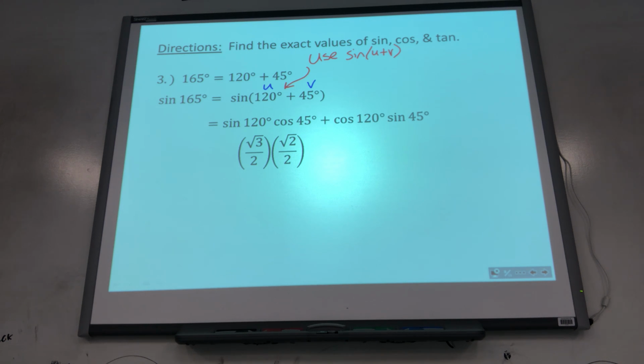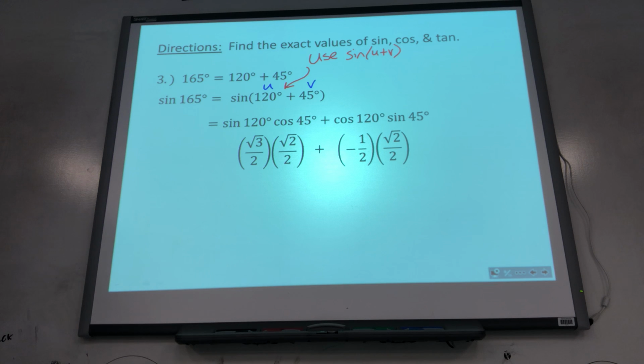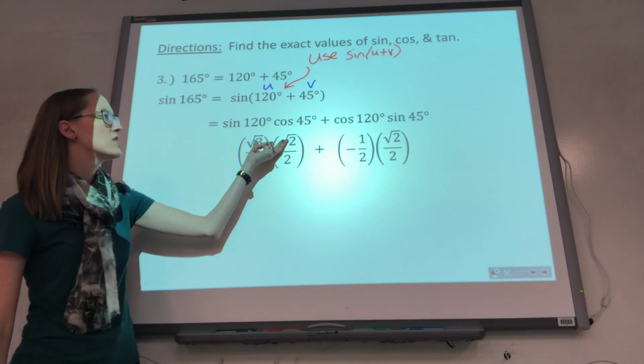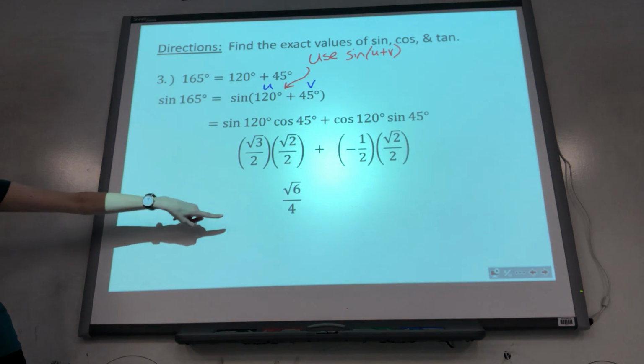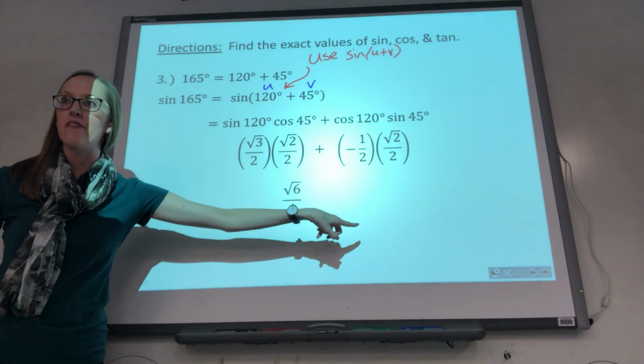Then cosine of 120, that is negative 1/2. And sine of 45 is radical 2 over 2. So we just have to simplify this like we've been doing on all the rest of them. This turns into square root of 6 over 4. I'm not going to put plus negative here.